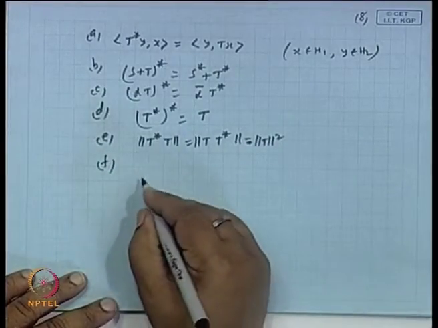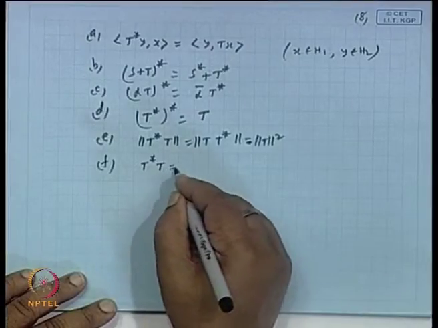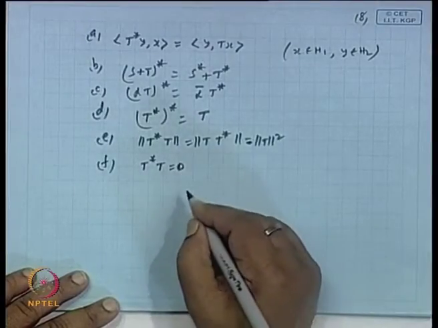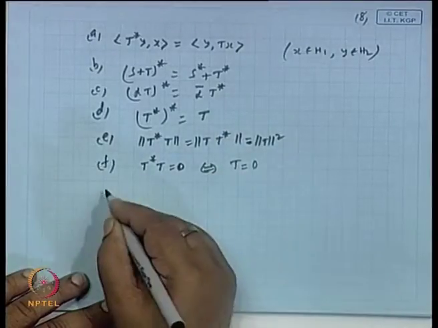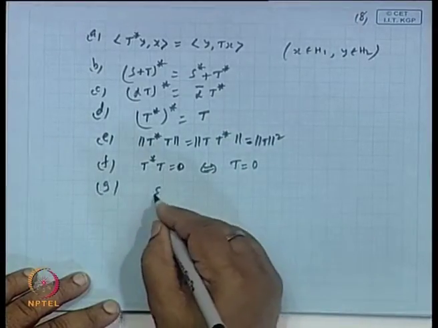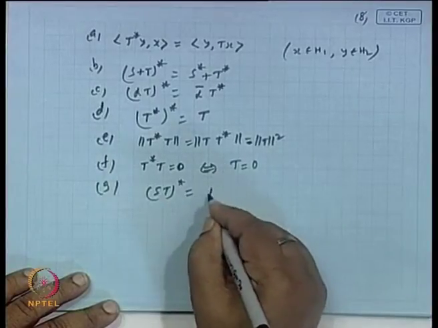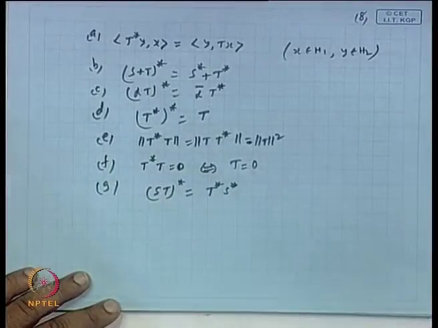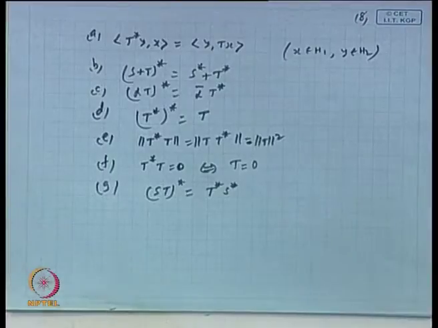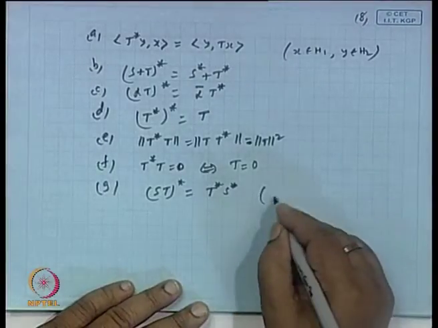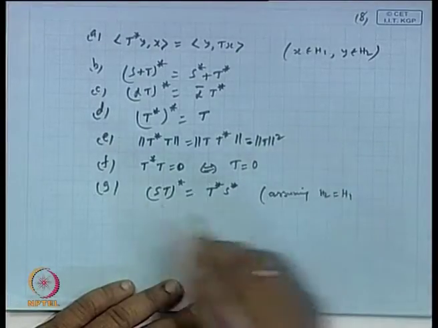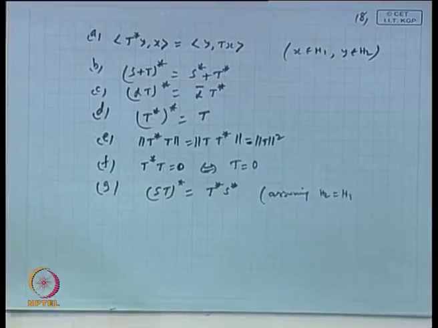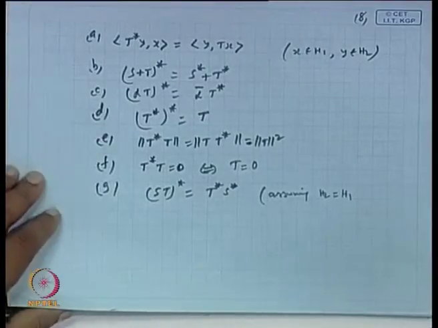Sixth, if T*T equal to 0 if and only if T is equal to 0, and seventh, (ST)* is equal to T*S*, assuming that H2 equal to H1. Here assuming H2 equal to H1, because otherwise this product is not well defined. Okay. So, these are the properties following.